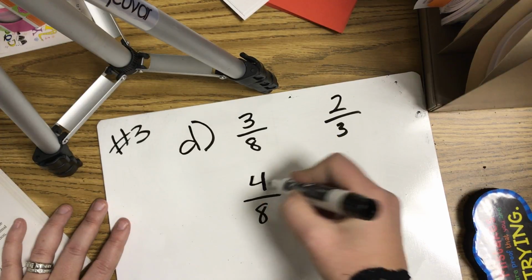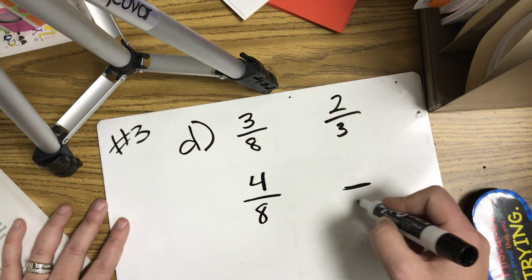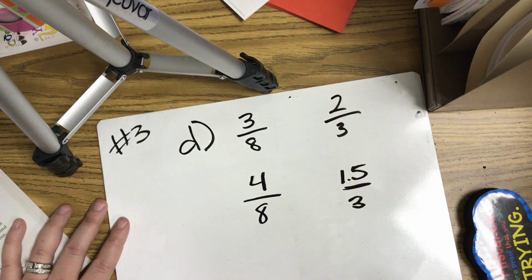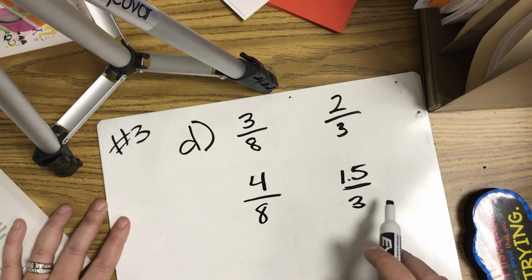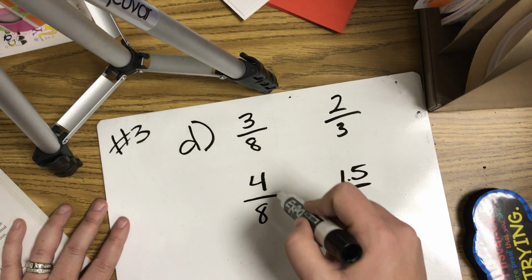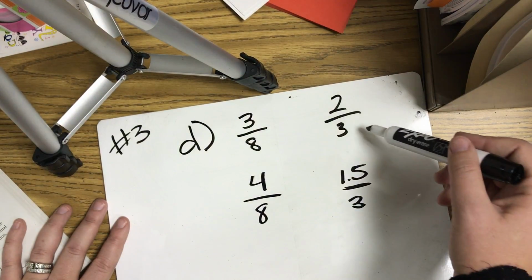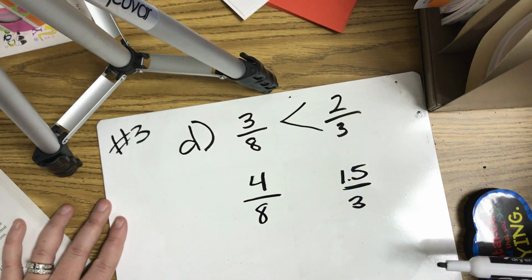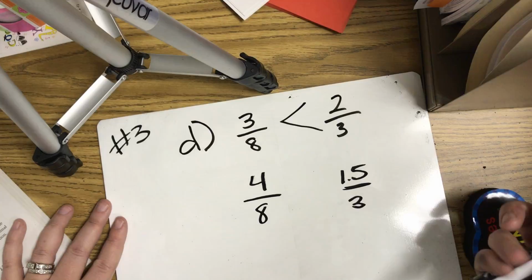This 4/8 is half, where for this one, it's 1.5 over 3, which is half of 3. So this one is less than half. This one is more than half. So I know 2/3 is greater than 3/8.